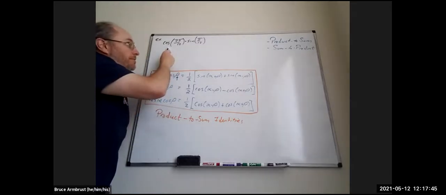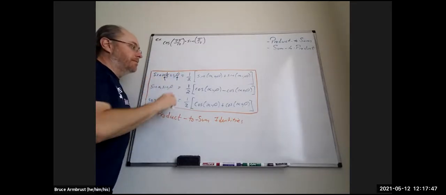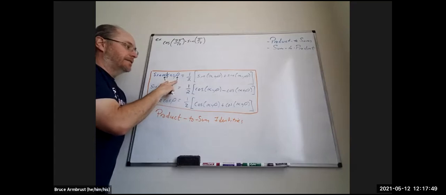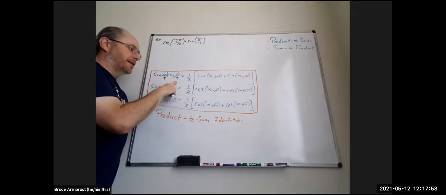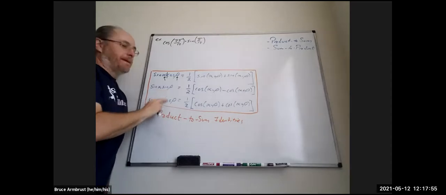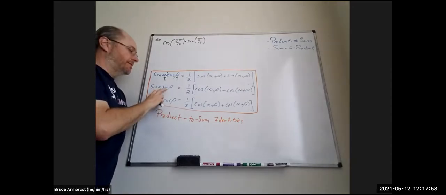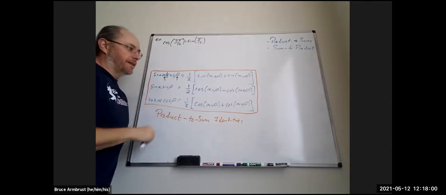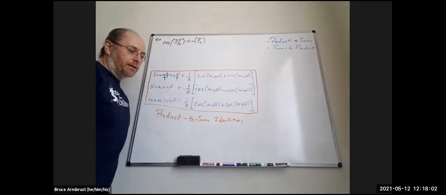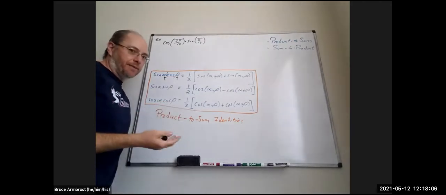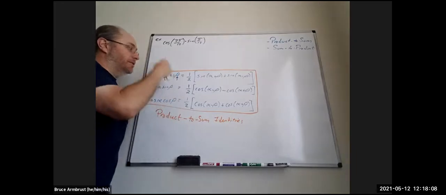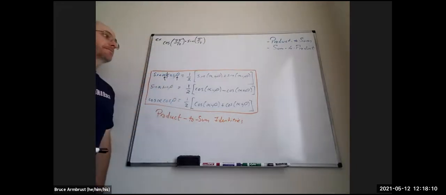So sometimes you'll see the cosine come first. But for this one, we definitely have to put the sine's angle in for alpha and the cosine's angle in for beta. For the other two, it doesn't matter. Since it's sine times sine, calling one alpha and the other one beta, I don't care. And the same thing with cosine times cosine, it doesn't matter. This is the only one we actually have to watch out for.